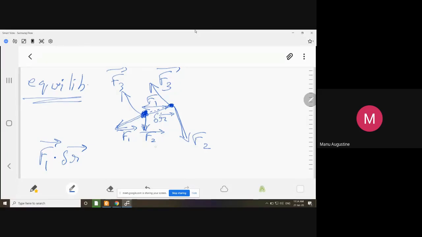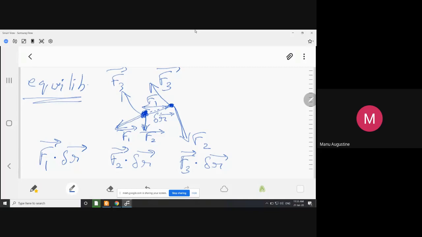So the work done by the force, if you do not want to bother about the direction and all, you can simply put it as F2 vector dot product delta R. Again, the work done by force 3 would be F3 vector dot product delta R. So these are the individual works done by the individual three forces which themselves are in equilibrium with each other.